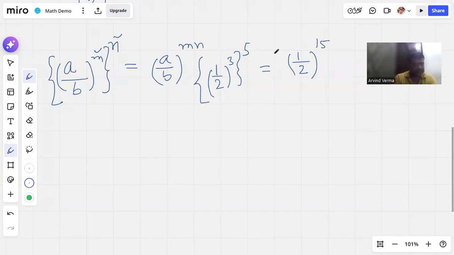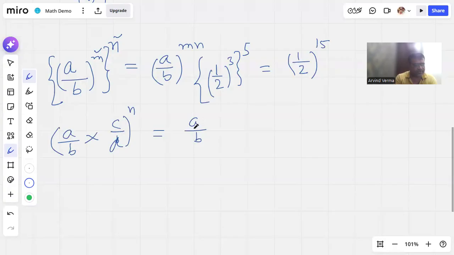Let's take another: a upon b into c upon d raised to the power n. So we will write it as a upon b raised to the power n into c upon d raised to the power n.